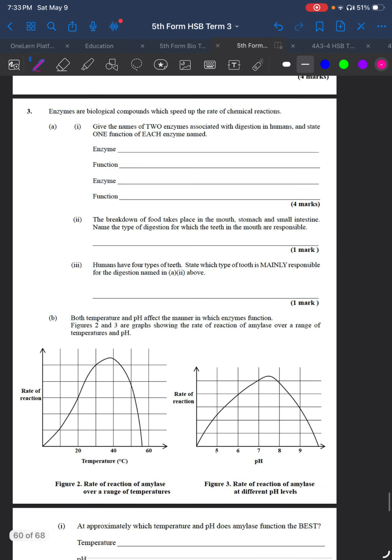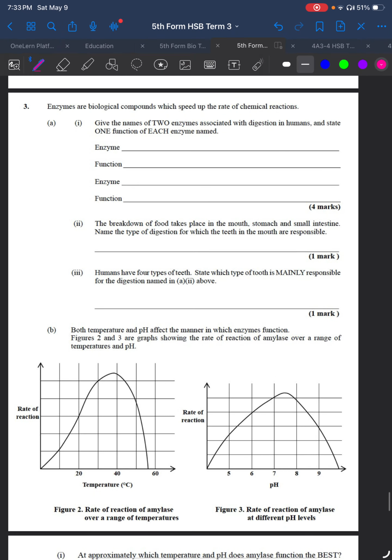Now let's look at this. They said enzymes are biological compounds, catalysts which speed up the rate of chemical reactions. So this question asks to give the names of two enzymes associated with digestion in humans. So any two enzymes and a function. You can give any of the carbohydrases, such as amylase, and we know they said that breaks down starch to maltose.